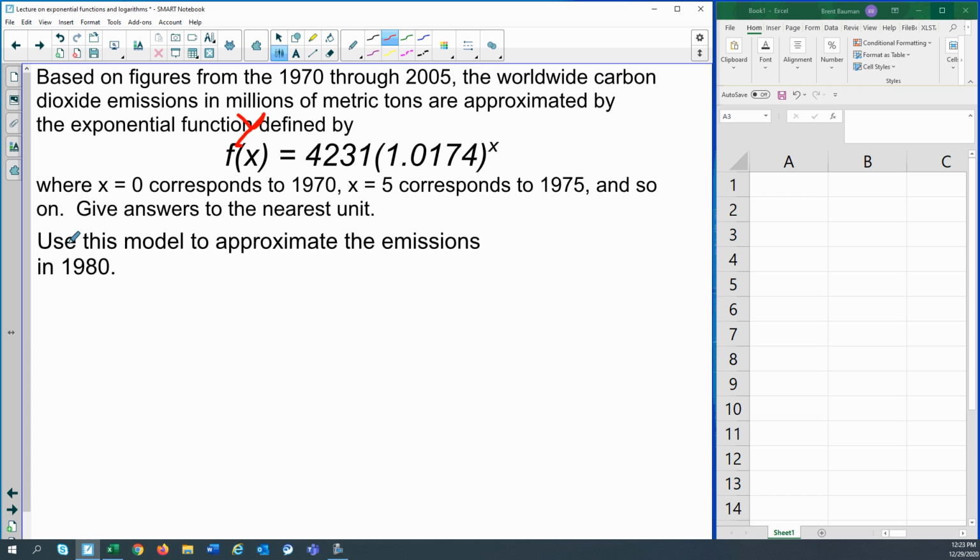So let's look at what we have. We're asked to use this model to approximate emissions in 1980. So if 0 is 1970, 1975 is 5, so 1980 would be x equals 10.